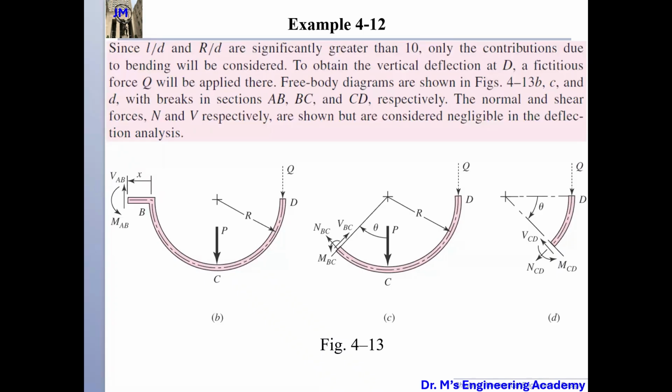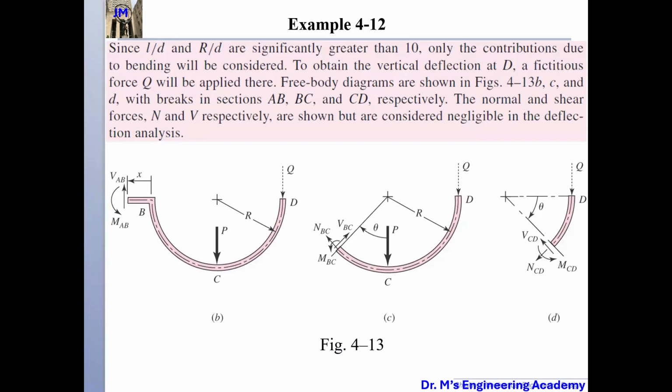So this is my Q, and this is my M_CD. Right? And then for the Q, what is the effective arm with respect to this point? You guys agree?